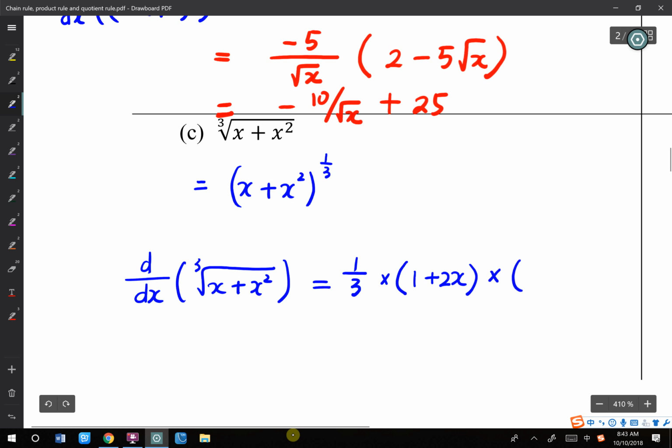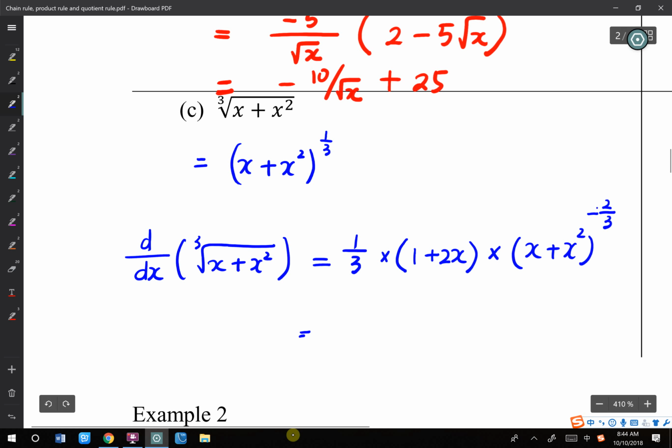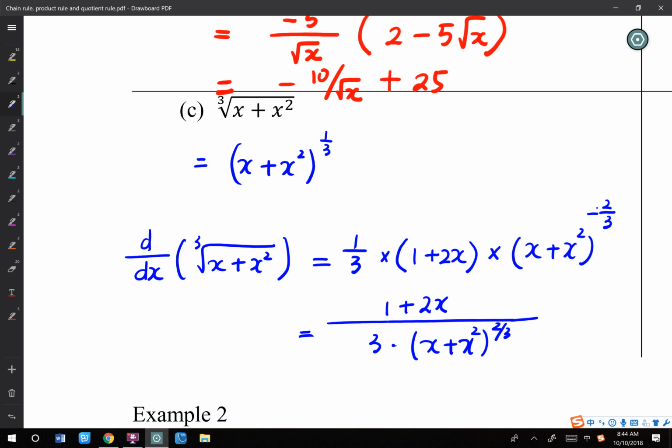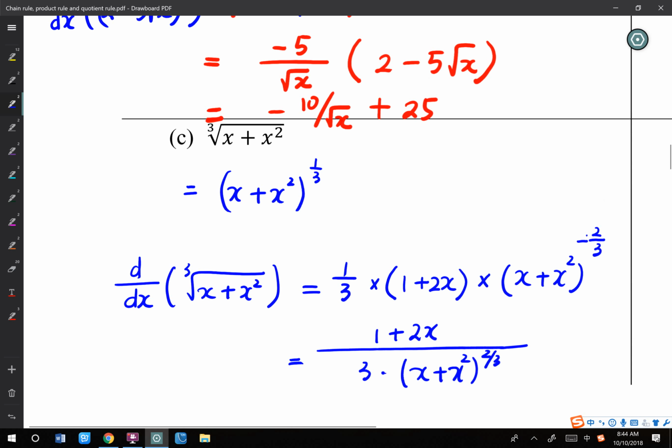The third thing I will times is the original function, but reduce the power by 1. So a third minus 1 is minus 2/3. So what I can do is 1 plus 2x over 3 times x plus x squared to the power of 2 over 3. That's for part C.